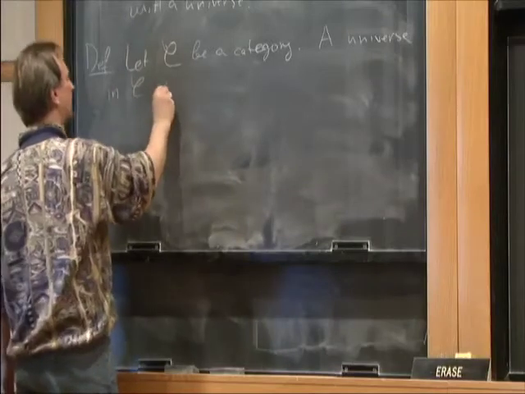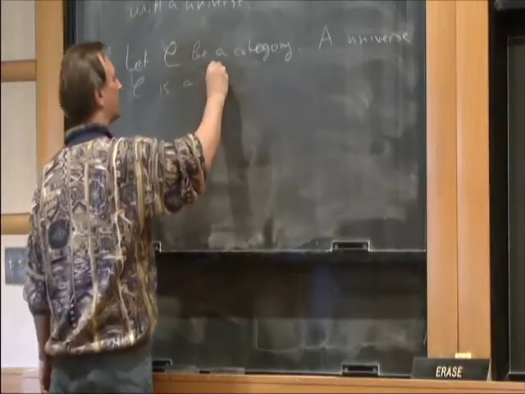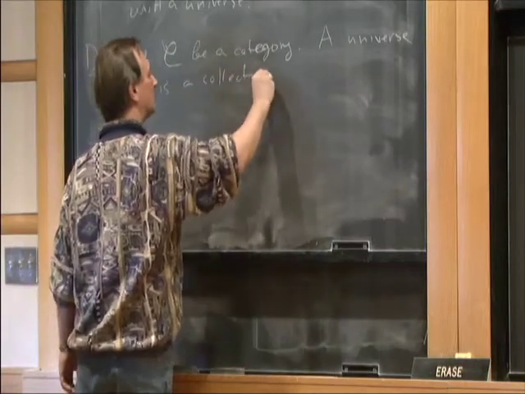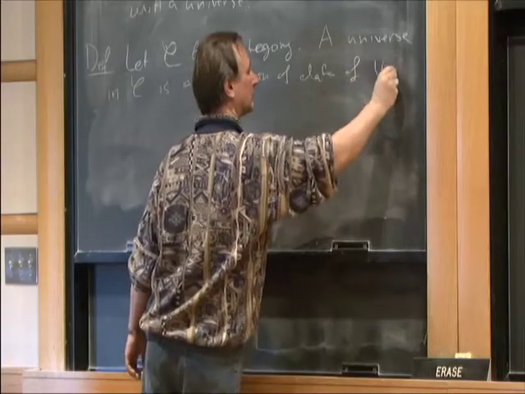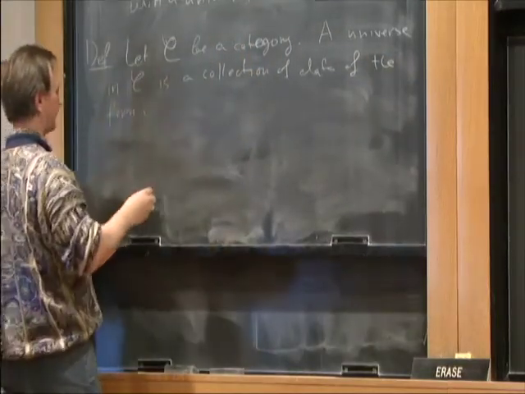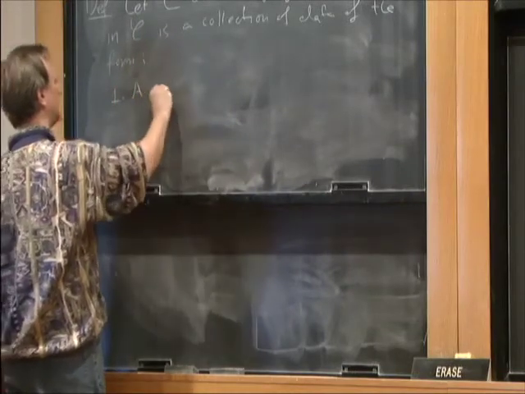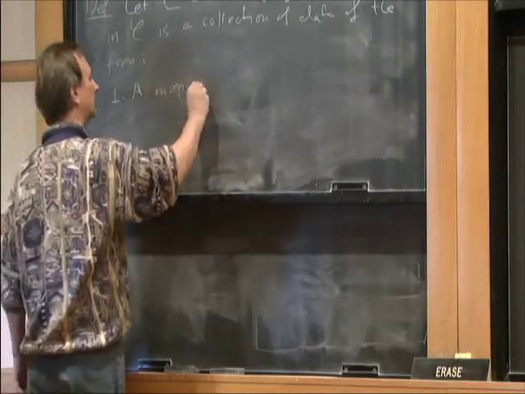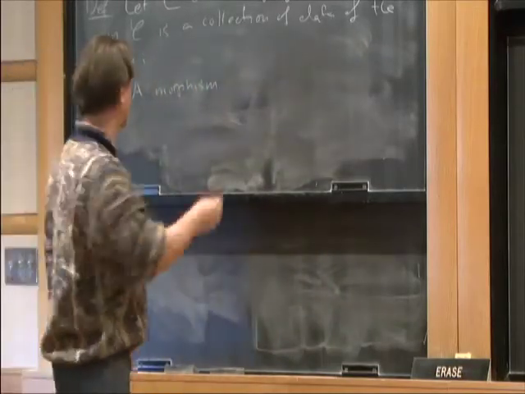in C is a collection of data of the form: first, a morphism. Well, I should have said two objects and the morphism, but the morphism is easier.